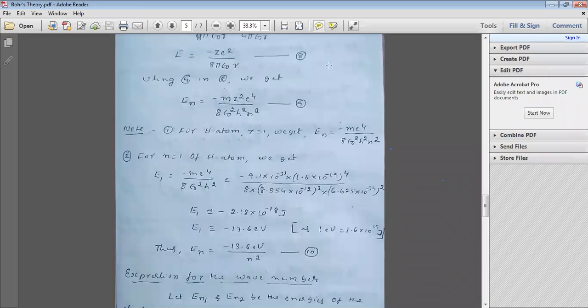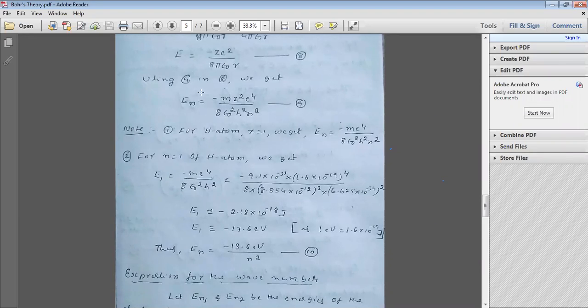Yes, sir. Okay, so here I am using this expression 9. Expression 9 says En is equal to minus m z square e power 4 divided by 8 epsilon naught square h square by n square. If I substitute n1, then I am going to get En1 is equal to minus m z square e power 4 divided by 8 epsilon naught square h square n1 square.